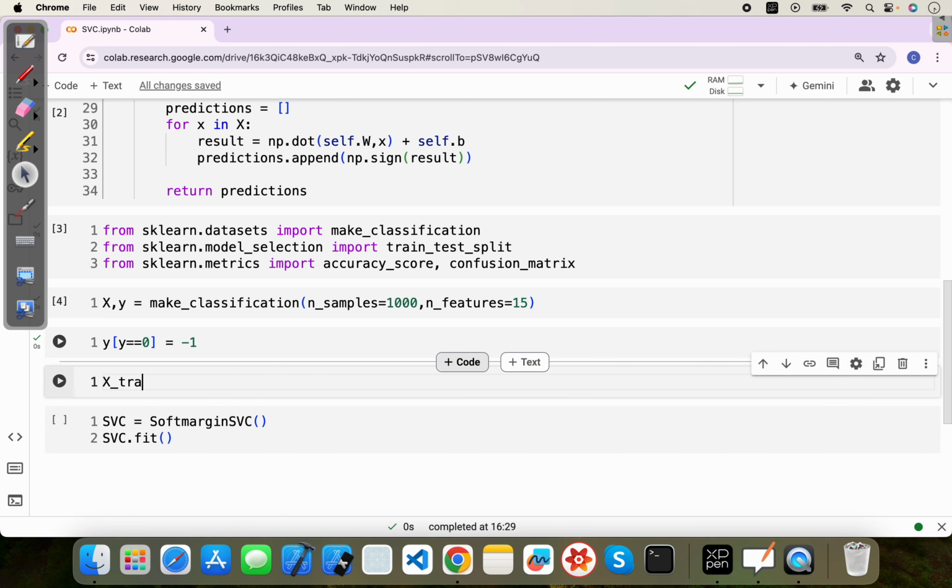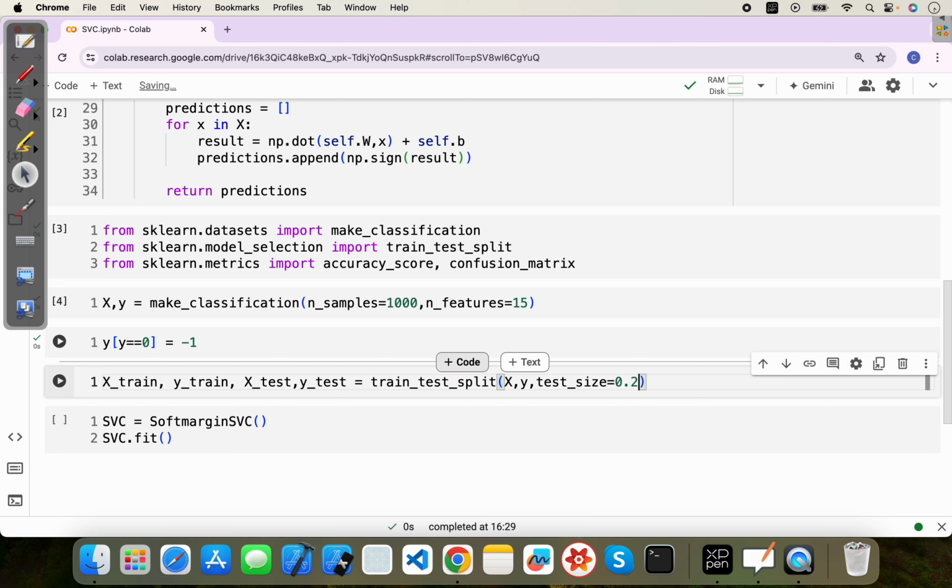Let's say X_train, y_train, X_test and y_test is equal to train_test_split of X, y, test size, let's say 0.2.